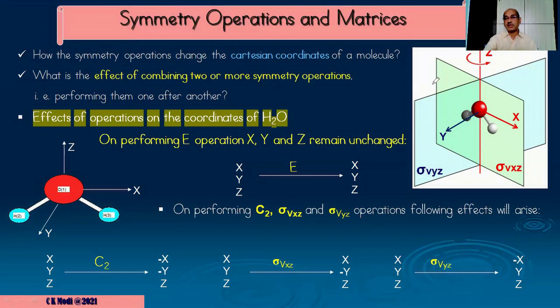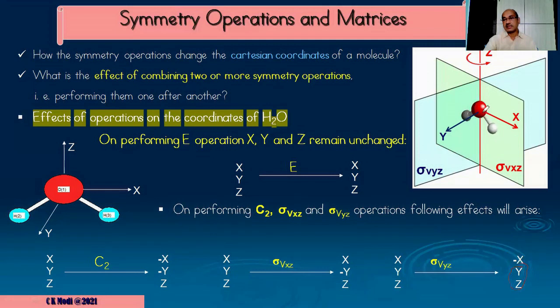In the same way, if I put the sigma v yz plane, this is the sigma v yz plane. What is the position of the Cartesian coordinates x, y, and z after performing this operation? The y and z coordinates are situated in the plane, so their positions remain as they are.